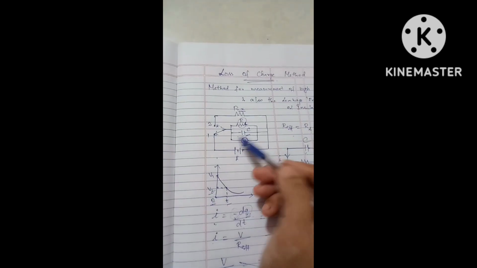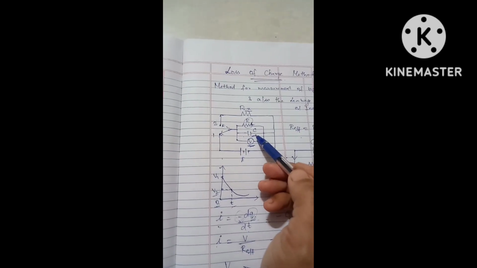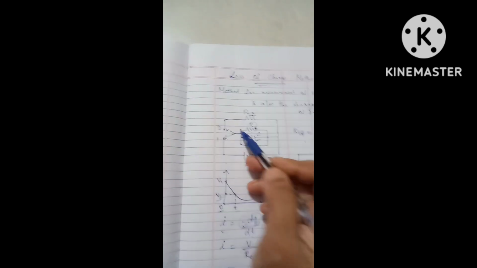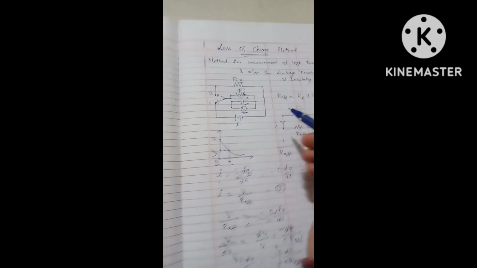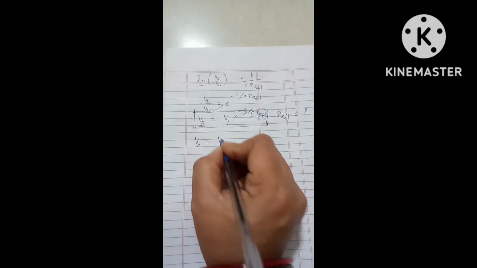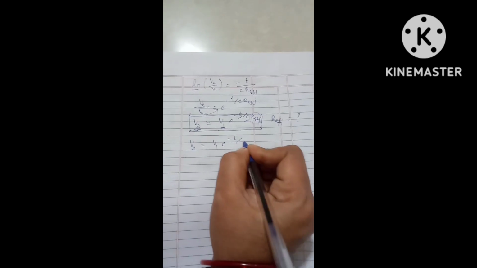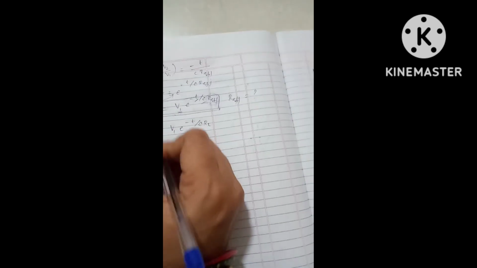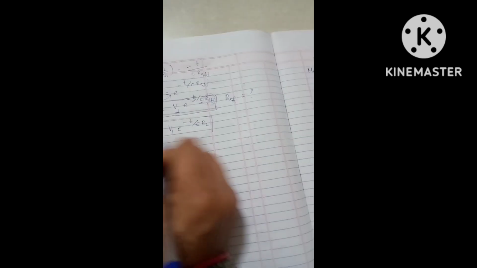Whatever charge is present in the capacitor will be discharged only through the leakage resistance. In the same way, when we apply these equations for the resistance RL, we get V2 is equal to V1 e power minus t by C into RL. By means of this equation, we can find out the value of RL.